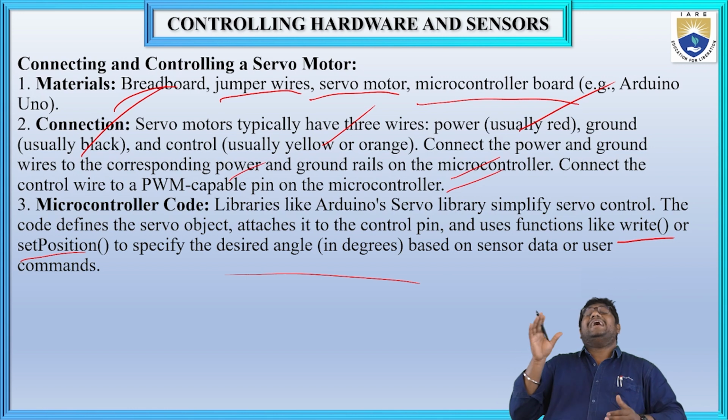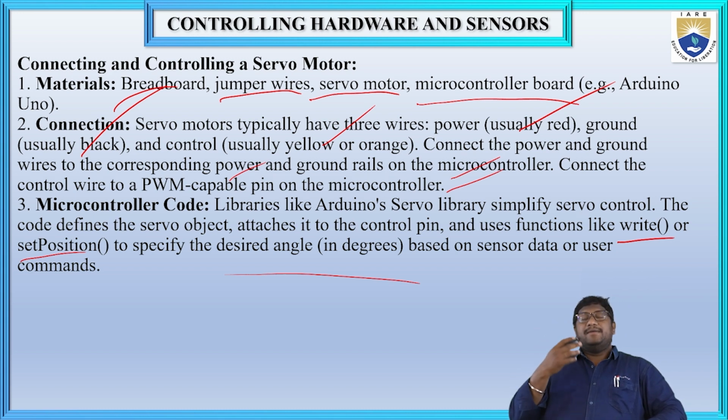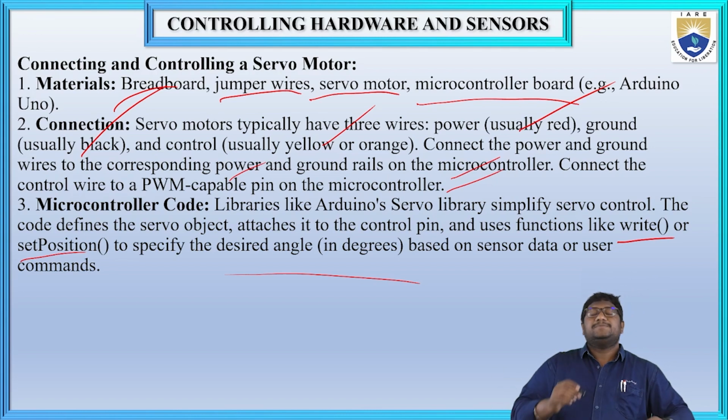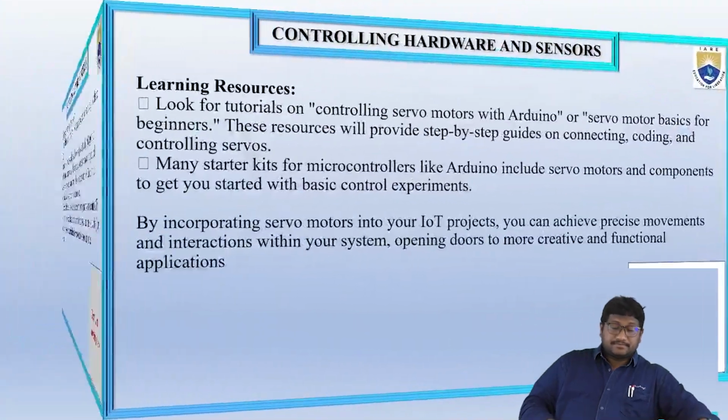For that purpose, we configure the write function and set function for specifying a desired angle in degrees based on the sensor data or based on the user command. For example, if I am the administrator, based on my direction the servo motor has to act and pass the commands to the concerned IoT device. With this, these are the steps for controlling and connecting this particular servo motor.